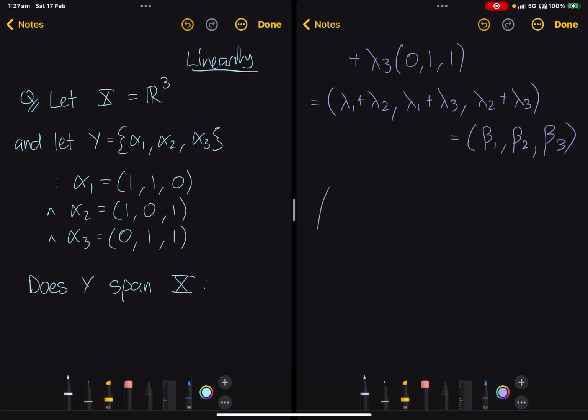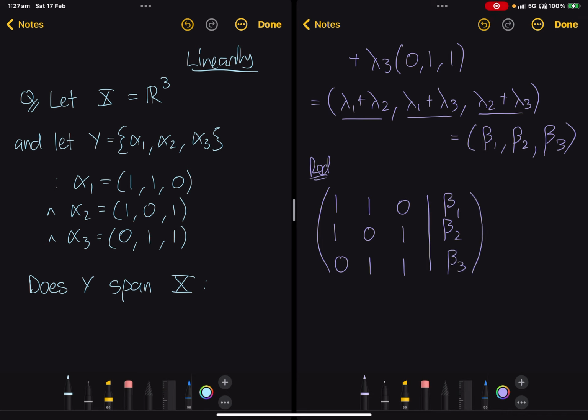So this reduces to: lambda 1, lambda 2, so that's 1, 1, there's no lambda 3, so 0, equal to beta 1. Then lambda 1, lambda 3, so that's 1, 0, 1, equal to beta 2. And then lambda 2, lambda 3, so this is 0, 1, 1, beta 3.